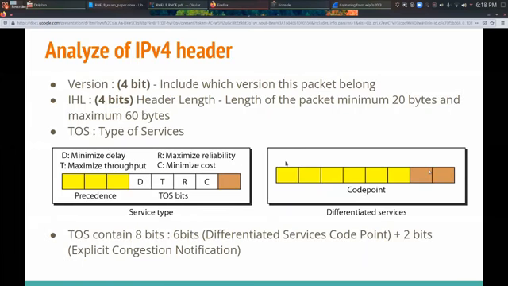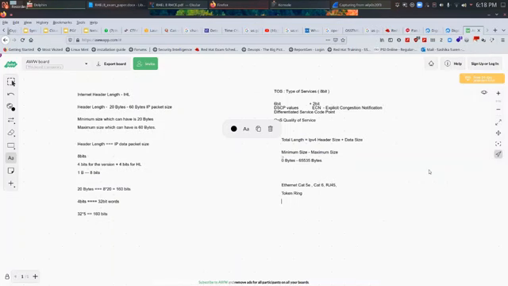Actually the minimum size should be 20 bytes, because at least the minimum IP header size should be 20 bytes. Without any data, the total length should definitely be 20 bytes.